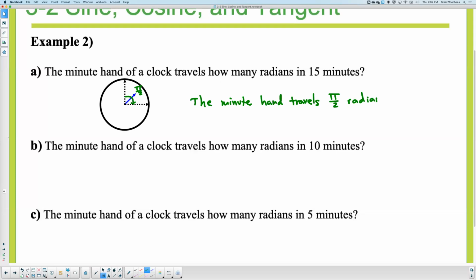And I'm going to do it as positive because distance is always positive.